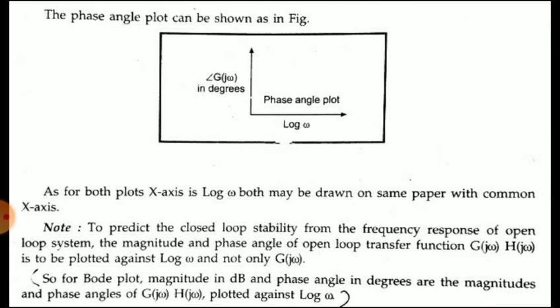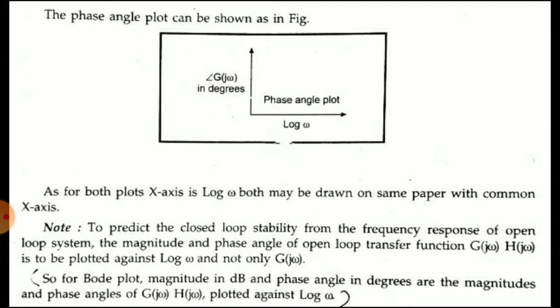Then the phase angle plot. For both plots, the x-axis is log omega, and both may be drawn on the same paper with a common x-axis. So for Bode plot, magnitude in dB and phase angle in degrees are the magnitudes and phase angles of G(j omega) H(j omega) plotted against log omega.